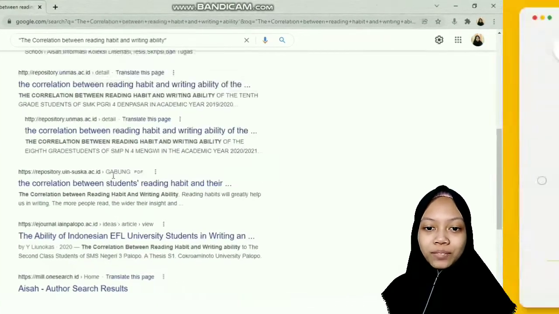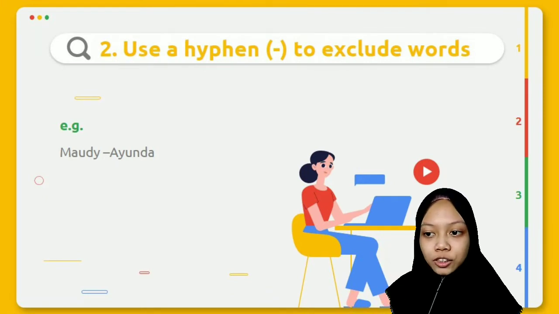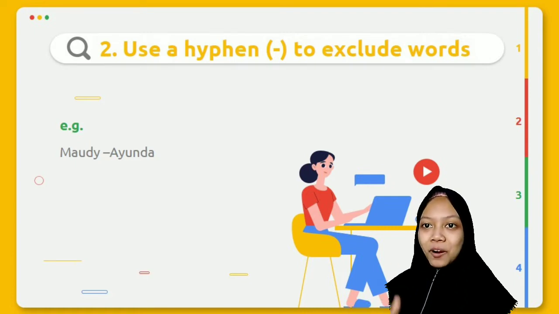The correlation. Alright, the second tip, use a hyphen to exclude words. For example, we want to search about Maudy except Maudy Ayunda. So we type a hyphen before the word Ayunda.